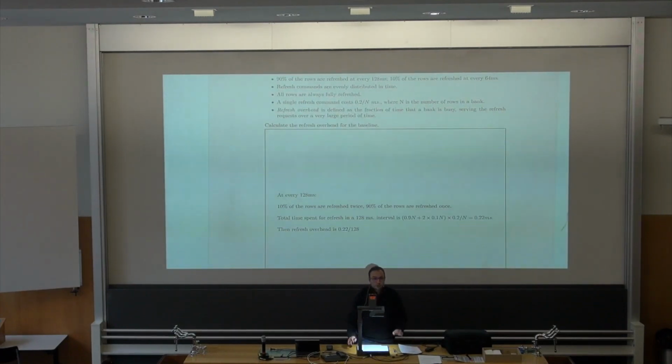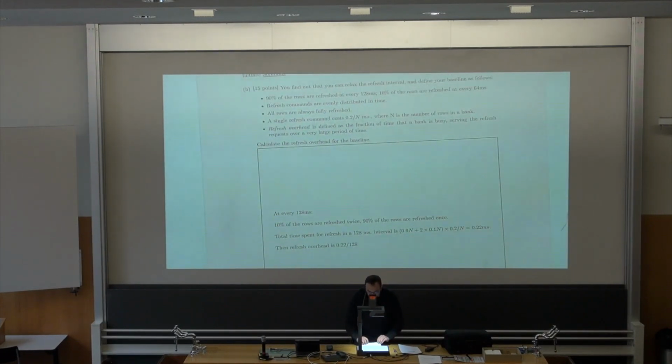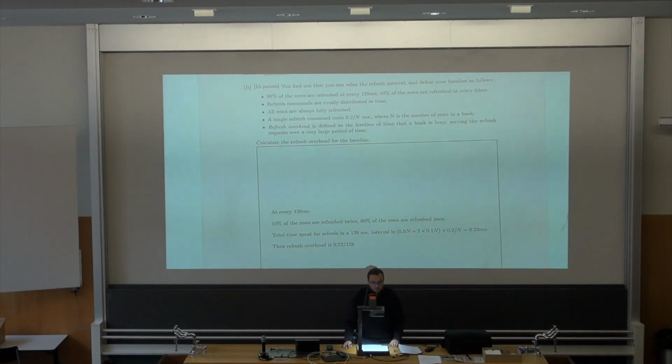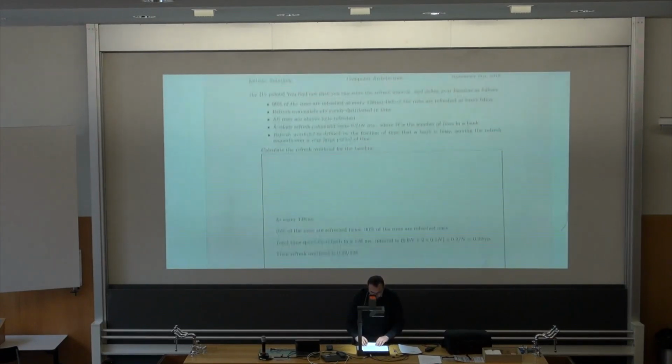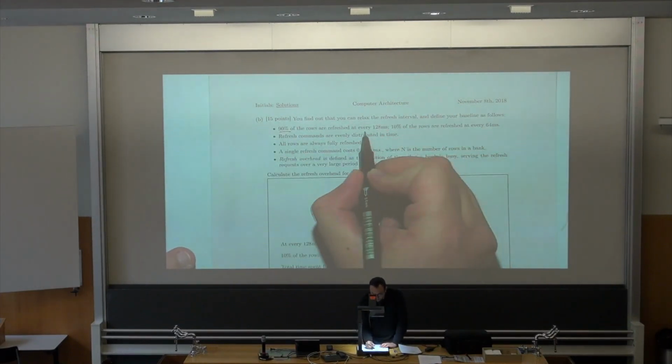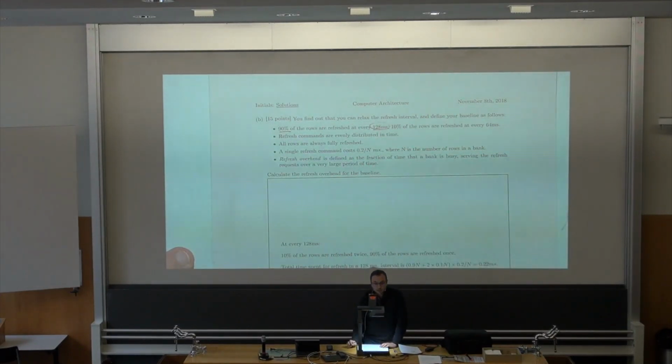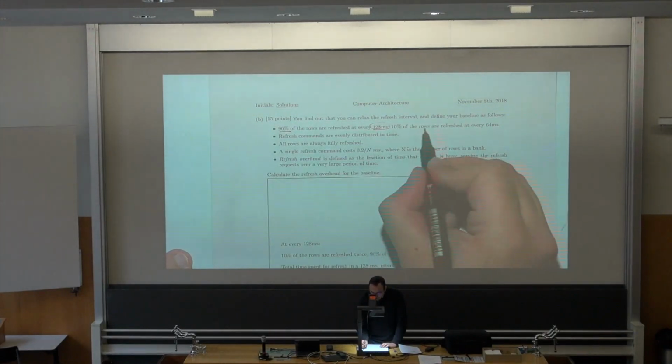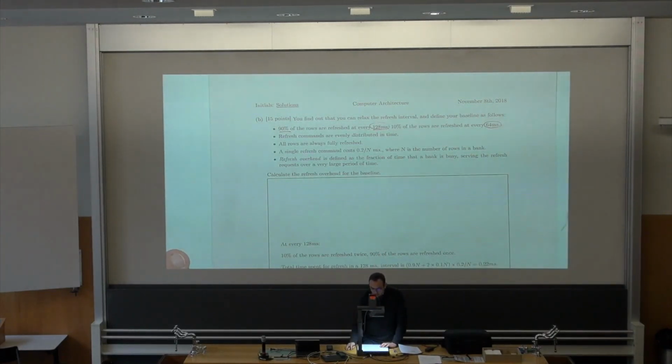So based on this observation, we need to understand what our benefit is in this paper. For that, we need to come up with a good baseline, right? So in our baseline, we see that 90% of the rows can be refreshed every 128 milliseconds, and 10% of the rows need to be refreshed at 64 milliseconds, right?